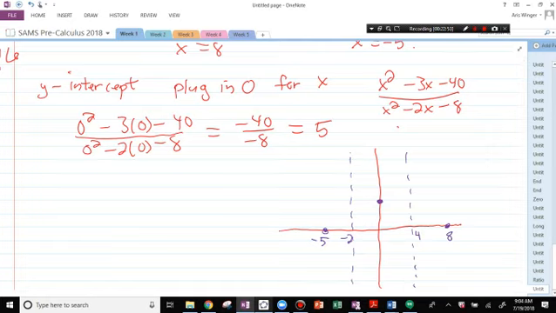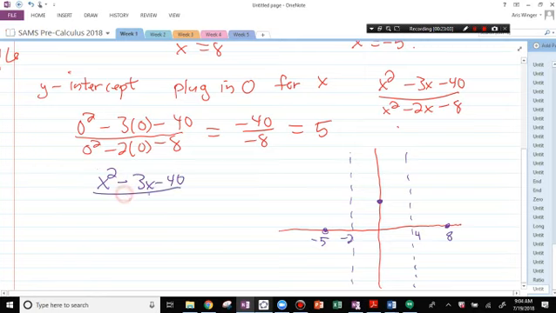Okay, so now we can do some checking. If we do x squared minus 3x minus 40 all over x squared minus 2x minus 8, we can just put in a few values, right? If we put in 5, we're talking about 25 minus 15 minus 40, and then 25 minus 10 minus 8. That's a negative over a positive, which is negative.